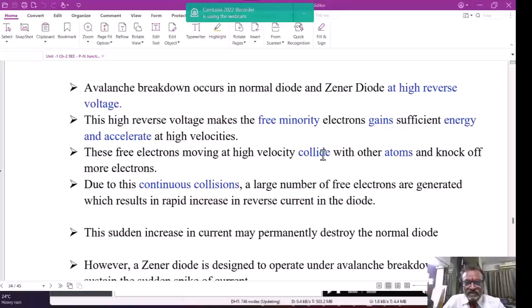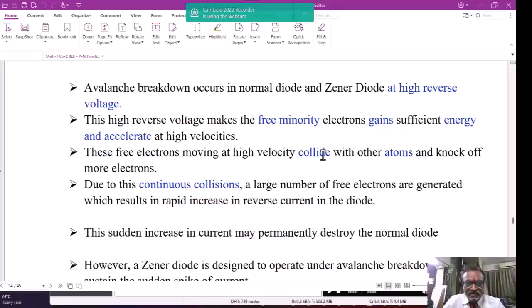When they collide with the immobile ions in the depletion region, they supply energy to the immobile ions, so the valence electrons of those ions get shifted to the conduction band.